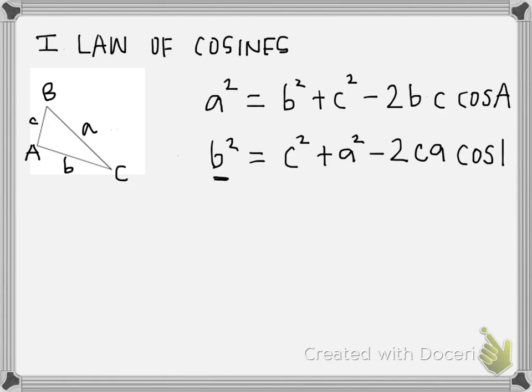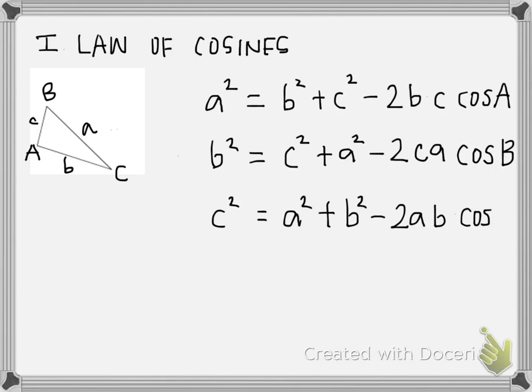For C, same thing: A squared plus B squared minus 2 times the other sides, times cosine of the angle C.